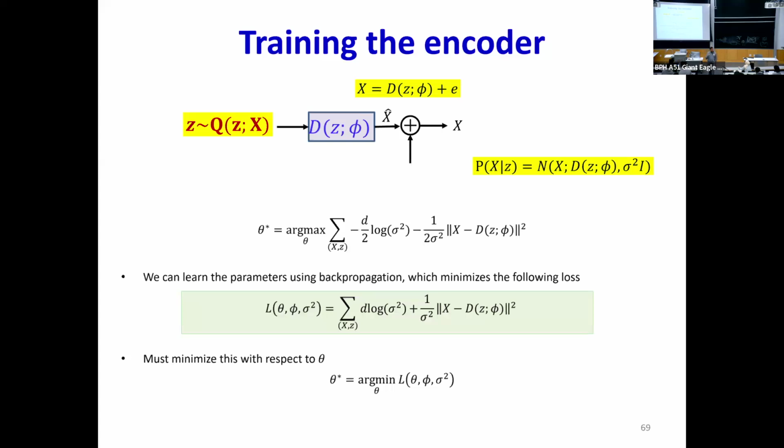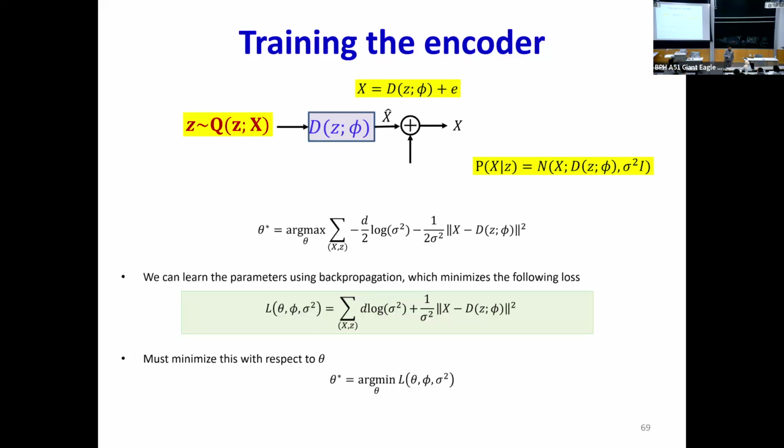And you want to train the encoder such that when you compute the probability of the output of the decoder, that is maximized. Because if that is maximized, it means that Q is as tight as possible with respect to the P. Does that make sense to everybody?